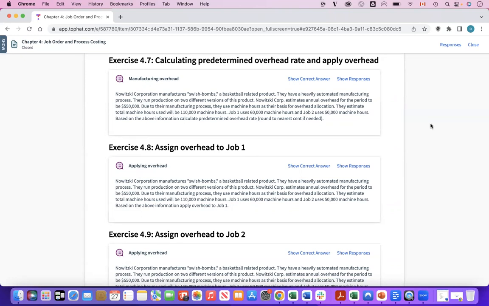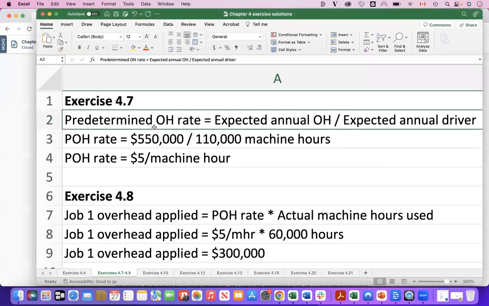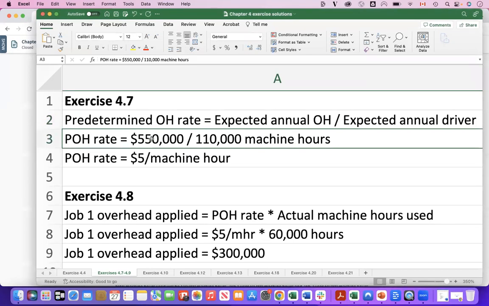So in 4.7, we're going to calculate that predetermined overhead rate. And remember, what is your formula? It's simply the expected annual overhead divided by the expected annual driver. In this case, the expected annual overhead was $550,000, and the driver was 110,000 machine hours. Now remember, the driver is based off of management's assessment of their production process.